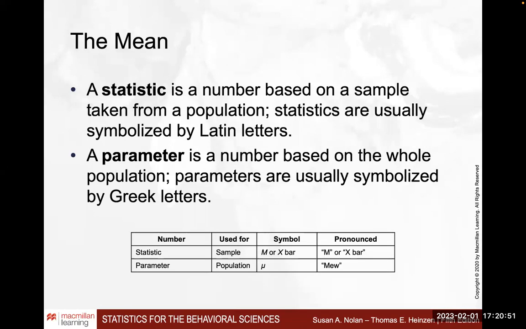Both are comparable, and you will find both versions. X bar can also be presented with an X and an actual bar on top of that X. That's why it's called X bar, because that is the proper way in statistics to show it. But for this class, Norden and Heinzen will refer to it as X bar or as M.